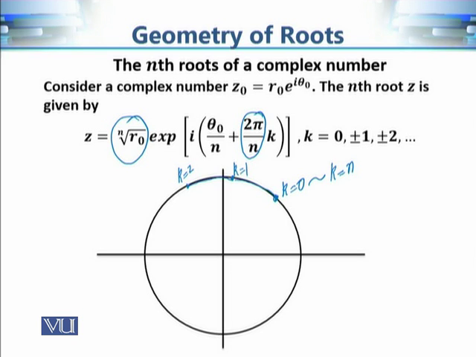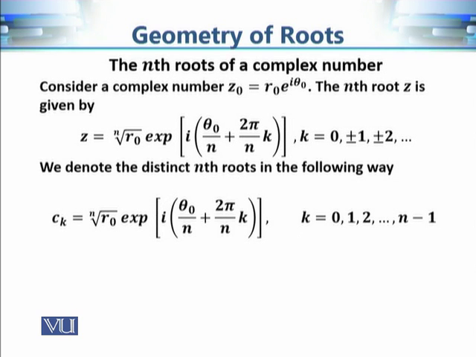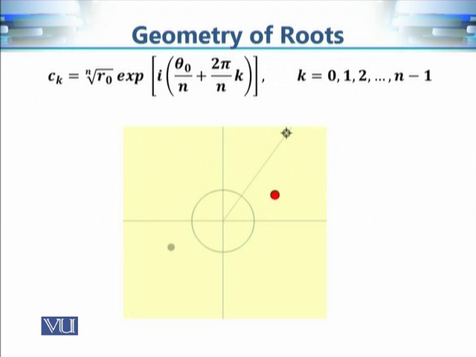Now, given these roots, the values of z, we denote these nth roots in the following way. When we take k is equal to 0, we denote it by c naught. When k is equal to 1, we denote it by c1 and so on. We denote these nth roots by ck. It's just a notation that we'll be using.